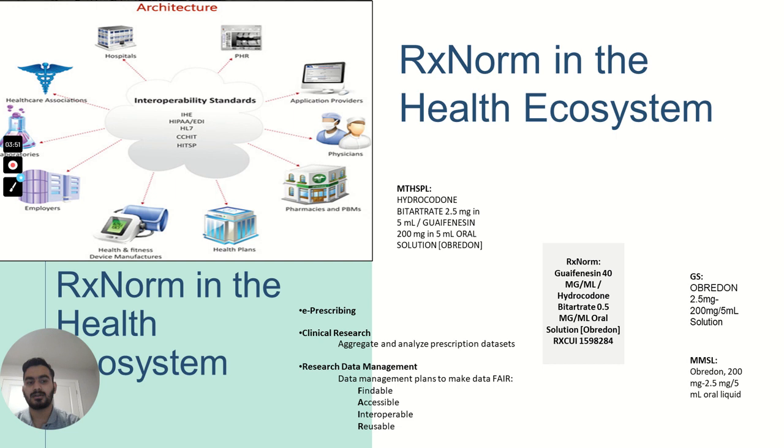There are other terminology systems like RxNorm, such as MTHSPL, GS, and MSF. RxNorm in the ecosystem serves e-prescribing, clinical research, aggregating and analyzing prescription data sets, and research data management, basically a data management plan to make data findable, accessible, interoperable, reusable.